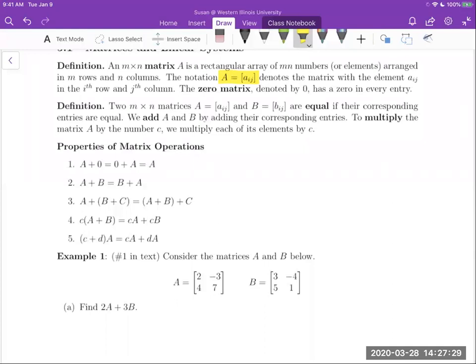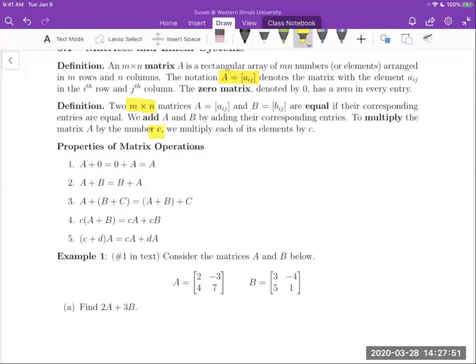You can add 2 matrices by adding their corresponding entries. It is important to note that it must be the case that these matrices are the same dimension M by N. Otherwise, it doesn't make sense to talk about corresponding entries.